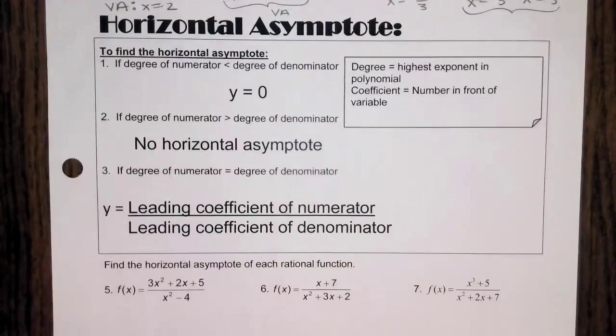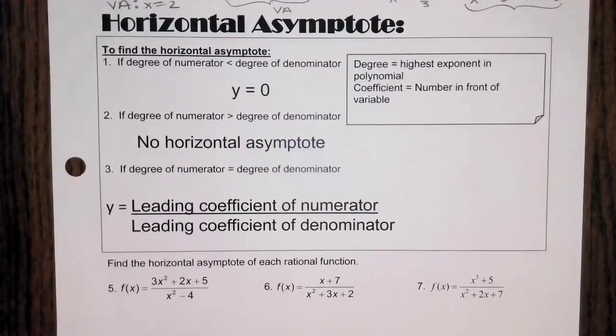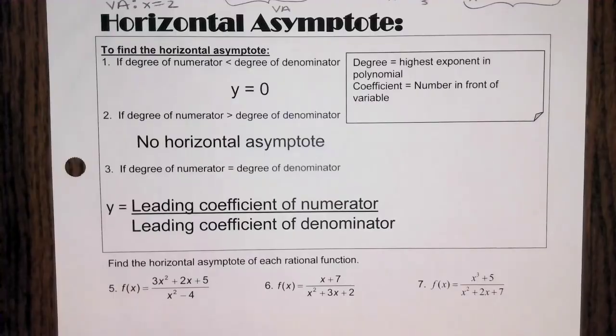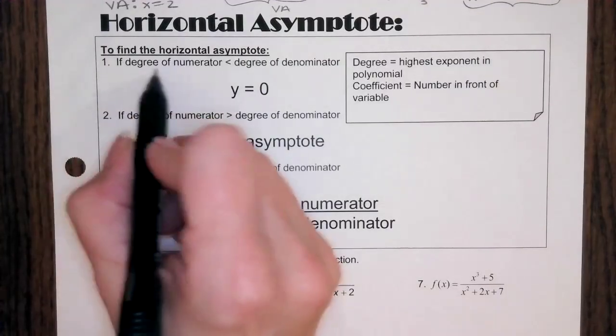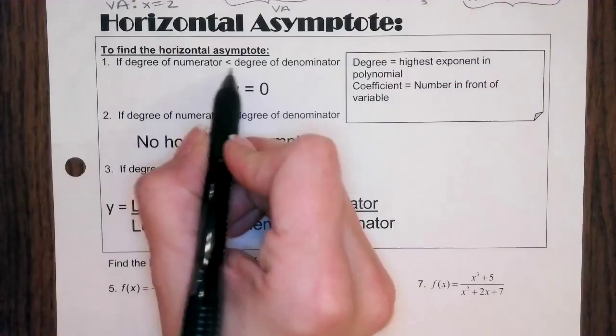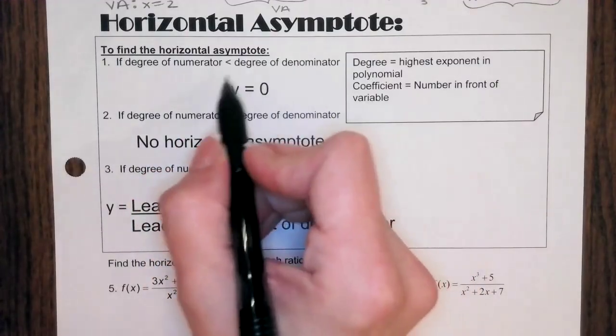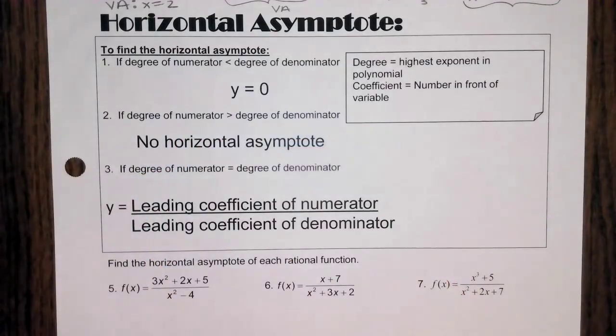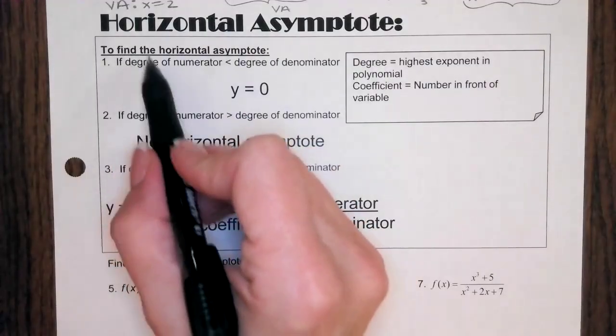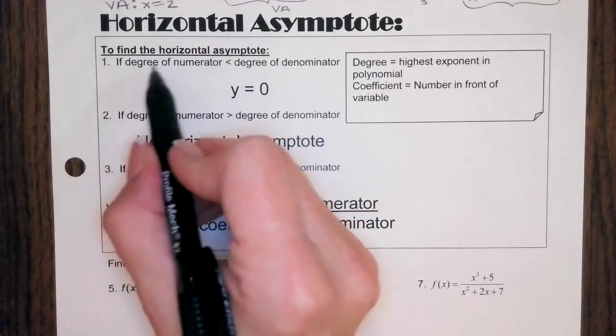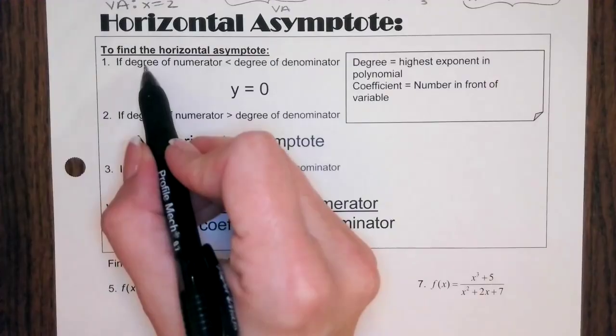All right, now let's talk about that horizontal asymptote. The horizontal asymptote actually has three rules. So to find the vertical, we set our denominator equal to 0, and we solve. To find the horizontal, we need to apply some rules to figure that out. So the first rule here tells you if the degree of the numerator is less than the degree of the denominator, then the horizontal asymptote is y equals 0. Let's just figure out what these vocab words mean. The degree is the highest exponent.